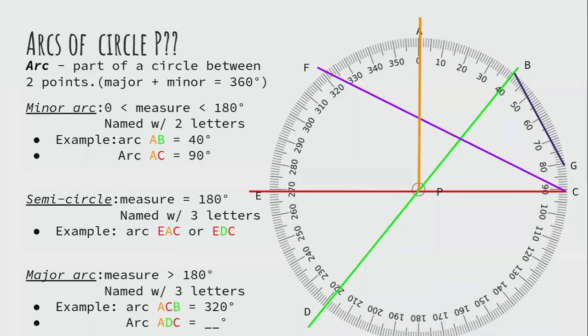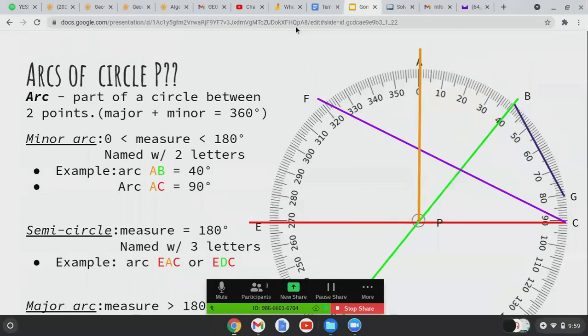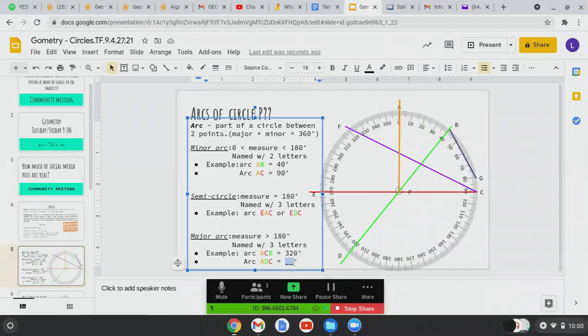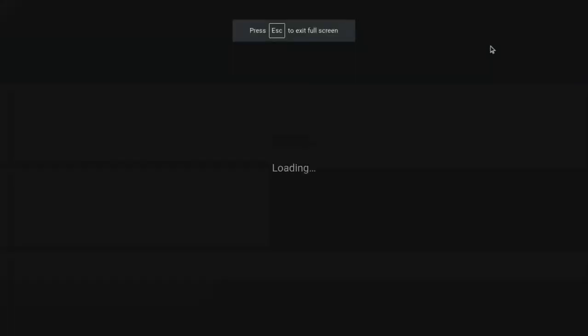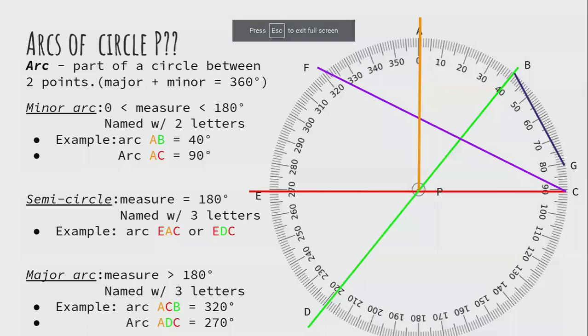What's our major? 270. Yes, ma'am. Okay, cool. So that's how major arcs and minor arcs work together.